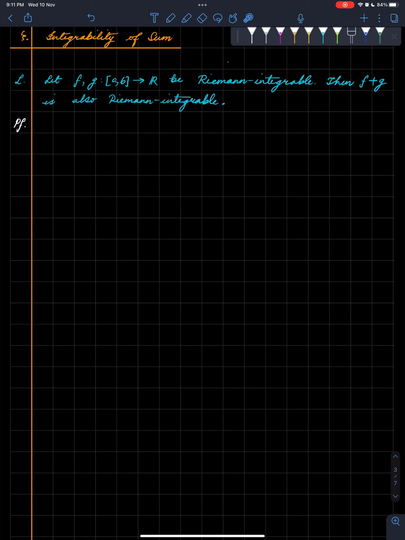Okay, so the first proposition is, suppose we have two Riemann integrable functions, then we want to show that their sum is also Riemann integrable. Okay, so here is the thing. So first we have, let sigma be a subdivision.